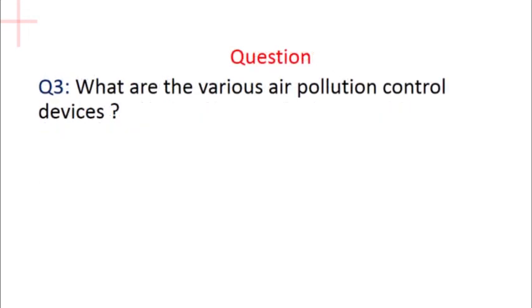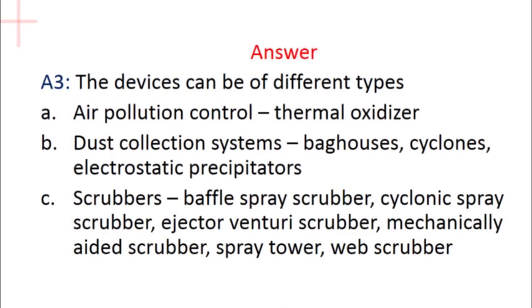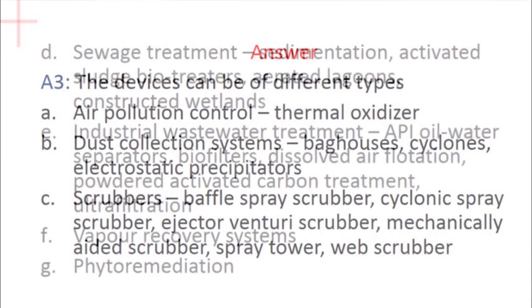Question 3. What are the various air pollution control devices? The devices can be categorized into different types. Air pollution control could be a thermal oxidizer; dust collection systems could include baghouses, cyclones and electrostatic precipitators. Scrubbers could include baffle spray scrubbers, cyclonic spray scrubbers, ejector venturi scrubbers, mechanically aided scrubbers, spray towers, and wet scrubbers.